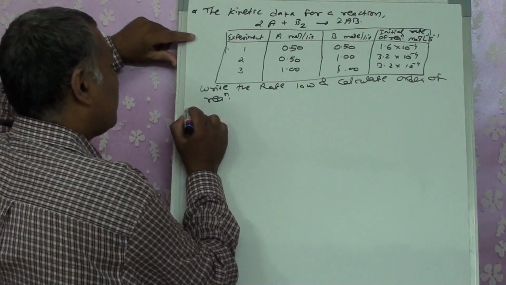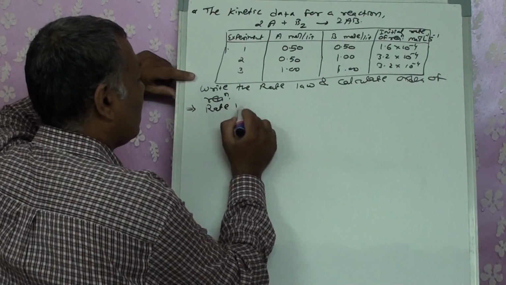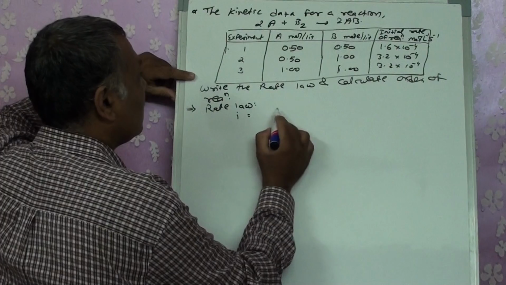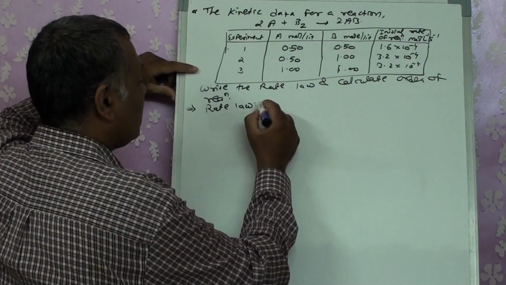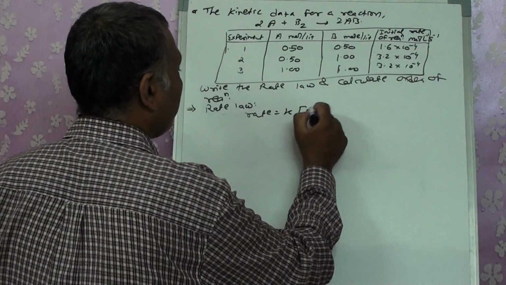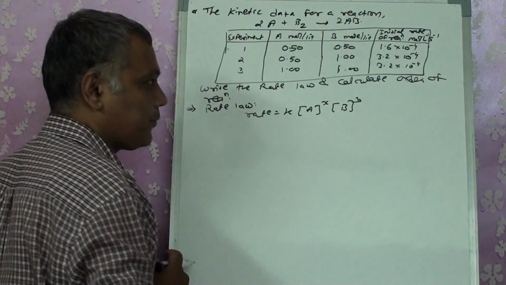So for this experiment, the first step, rate law. We will be writing it as rate is equal to k, [A] raised to x, [B] raised to y. Right?